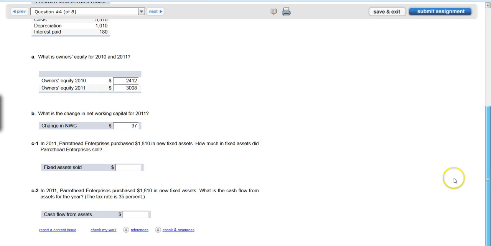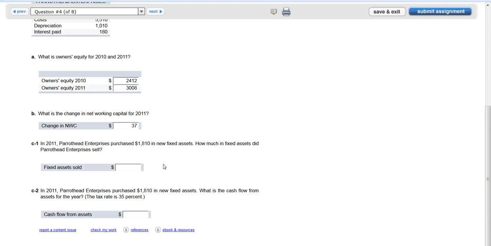Part C1. In 2011, Parent Enterprises purchased $1810 in new fixed assets. How much in fixed assets did Parent Enterprises sell? So if we know how much this firm sold in that year, 2011, we can basically figure out how much in net the firm purchased, right?